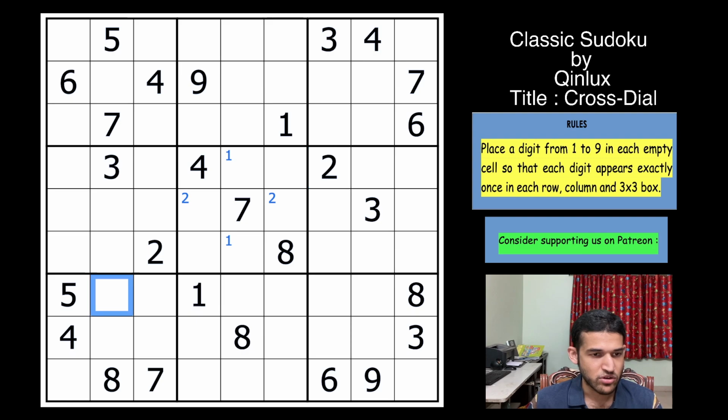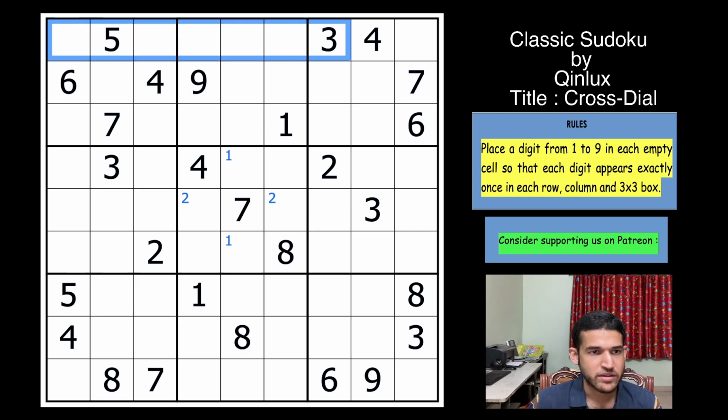So for example, if you look at this box, there are 3 places where the 2 can go. Similarly, 3 places where the 2 can go here. Same here and same here. So I don't think we can get anything here, right? Although I'm noticing something weird here with the 2s, but let's come back to that later. For now, we'll focus on the corners, just doing the basic stuff.